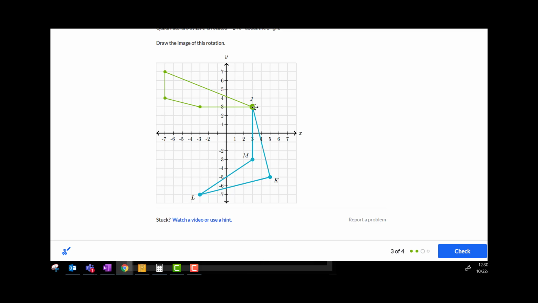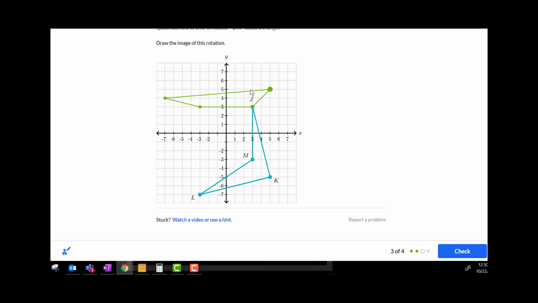So if M landed here, I know K is going to land in quadrant 1 also. All right, so if K is at 5, negative 5, so it moves 1, 2, 3 quadrants, and it's going to be at 5 and 5.